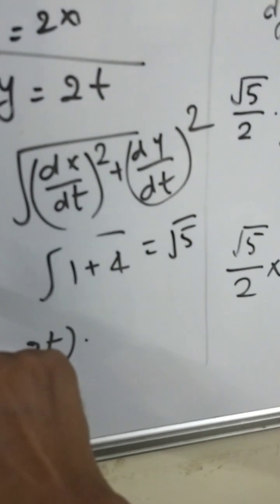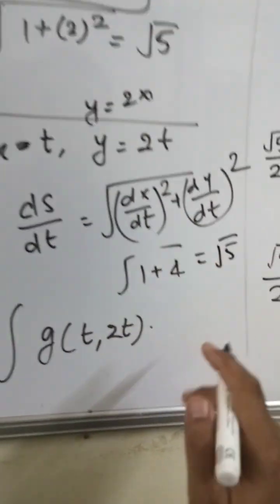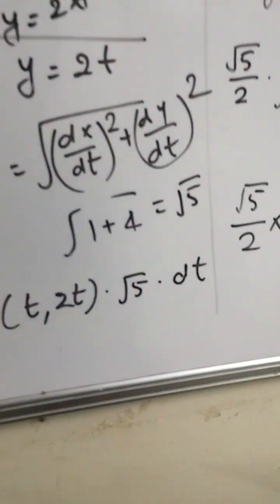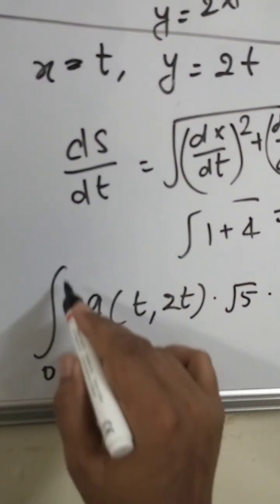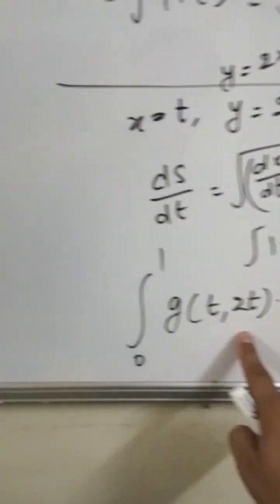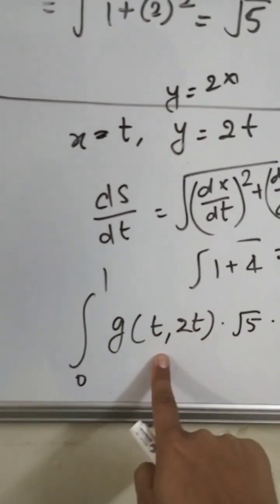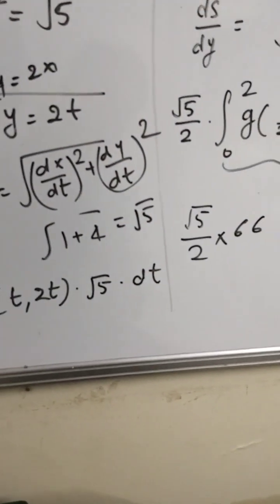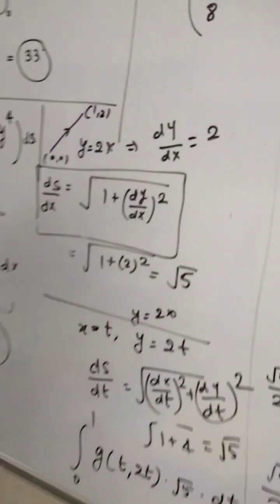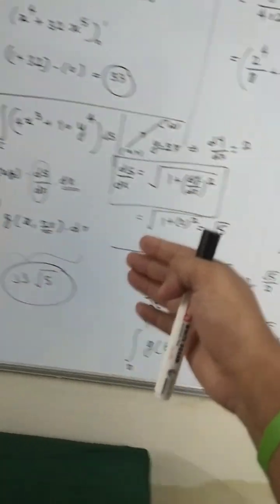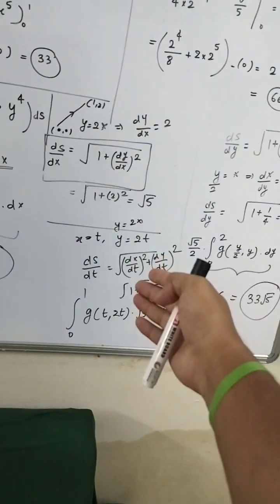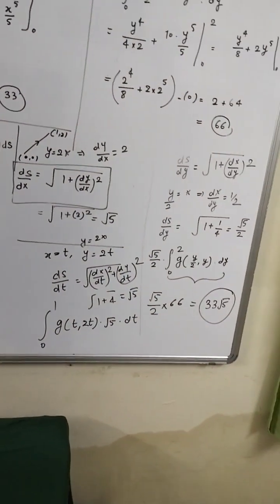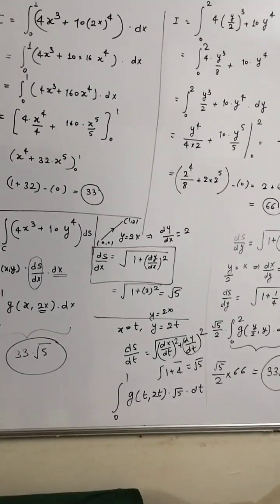Ds by dt is again root 5, so there will be root 5 into dt, and t will change from 0 to 1. Again this integration has been done here also. It will come 33 into root 5, so again the answer will be the same, 33 into root 5. So it doesn't matter whether you solve it with respect to x, with respect to y, or in a parametric form, or any other form, the answer will always be the same because you are conceptually correct.